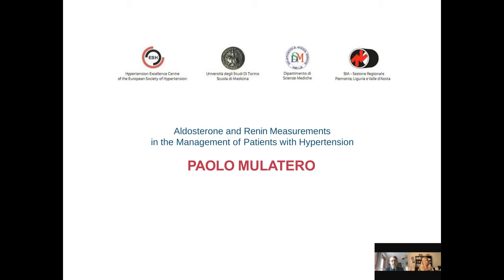Okay, this is a difficult question because we know that most drugs could determine changes in aldosterone and renin levels. So we should try to have some experience, and we can interpret the data even under anti-hypertensive therapy.